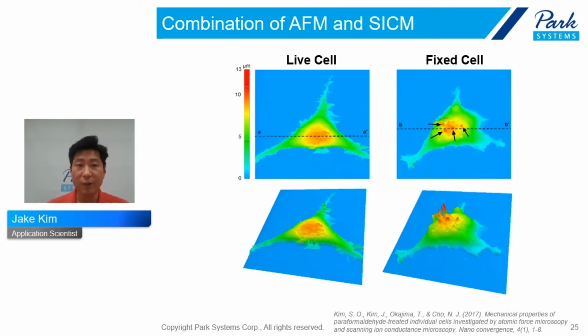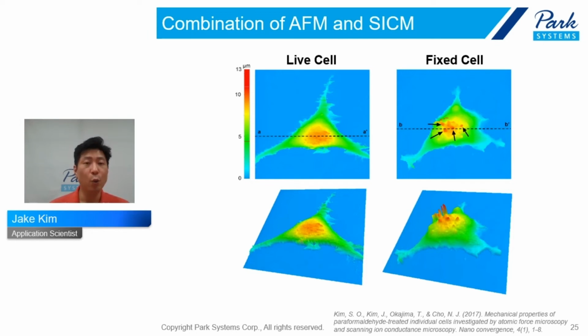First of all, we compared the morphology of the live and the fixed cell by SICM ARS mode. Of course, there is no clear difference between the two cells, live and fixed, but in the case of the fixed cell, it is slightly shrunk, so the cell adhesive area and the cell volume were lower than those of the untreated, live cell.